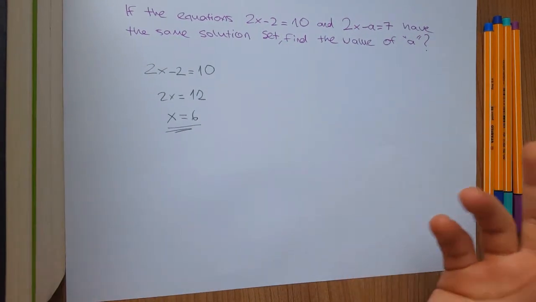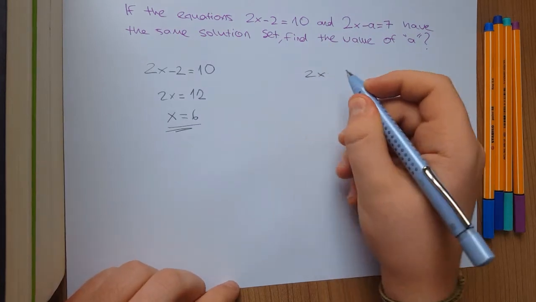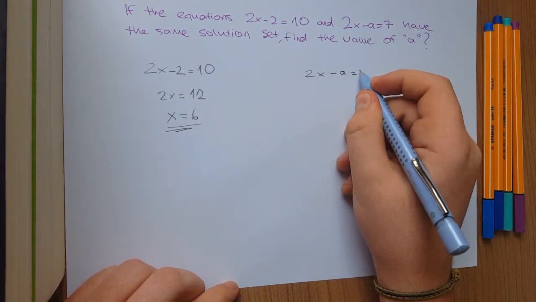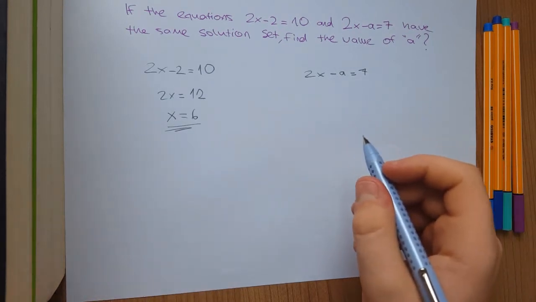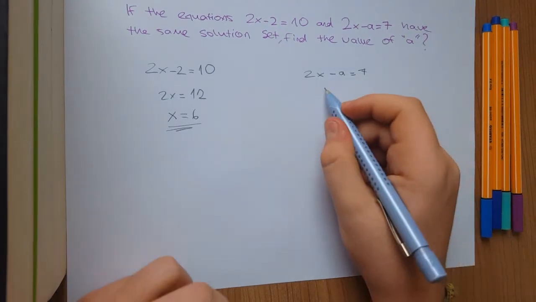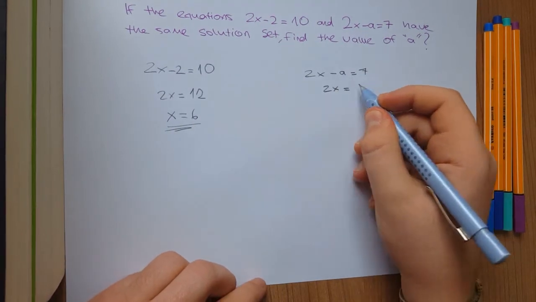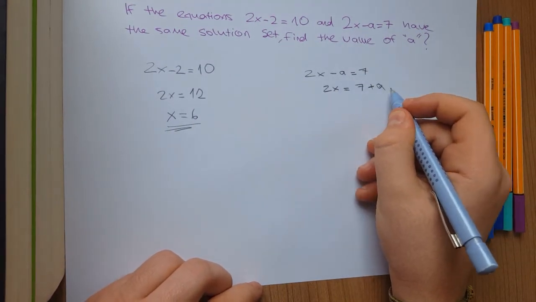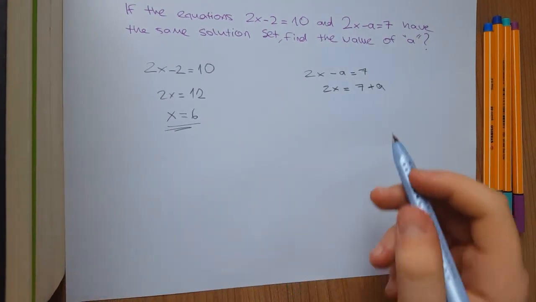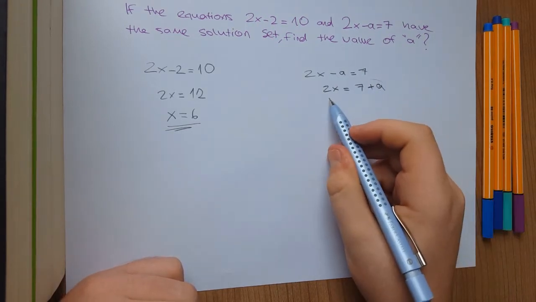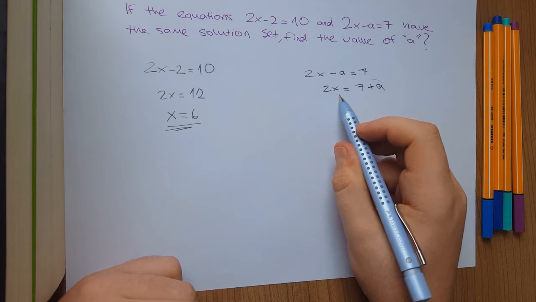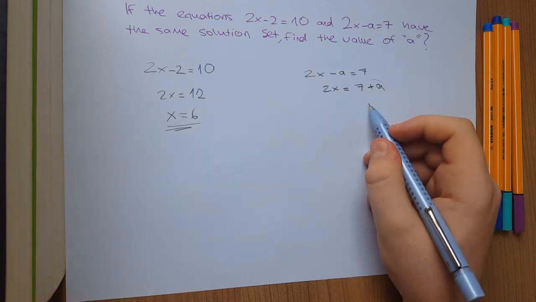Now let's solve the second equation. We should leave x alone, so we add a to each side. Then we get 2x equals 7 plus a. We need a number that makes this side 12, because when we divide it by 2, we should get a 6.